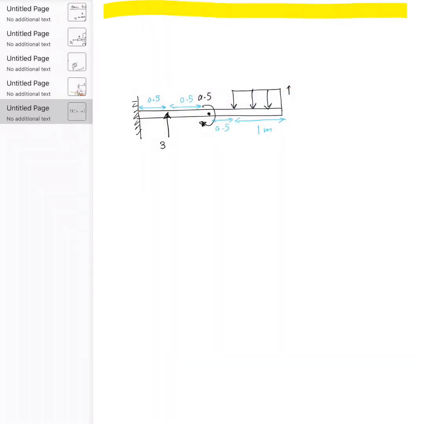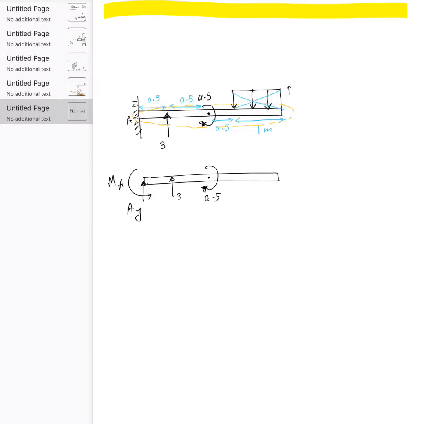So I take the entire thing as my system, and then I go ahead and draw the FBD. The beam here, let's call this point A. So I'm going to have AY, MA, then 3 right here, 0.5 right here, and because it's an external load, I can replace it with a point load acting at the centroid.